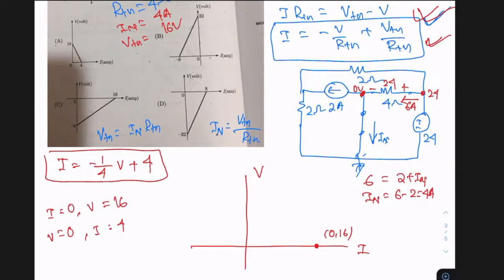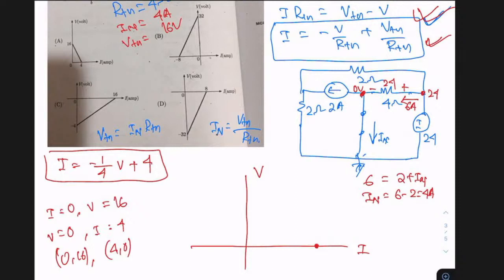Some mistake is happening, right? 0, 16 is one coordinate and the other coordinate is 4, 0. Sorry, this point is not here actually.